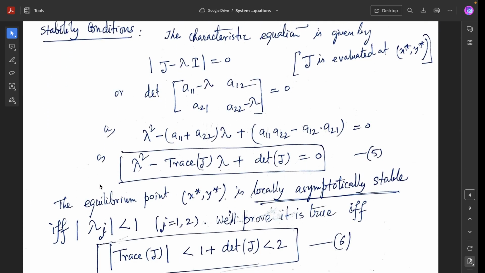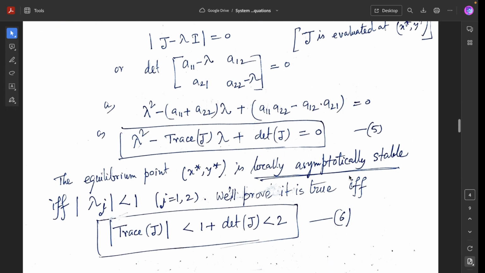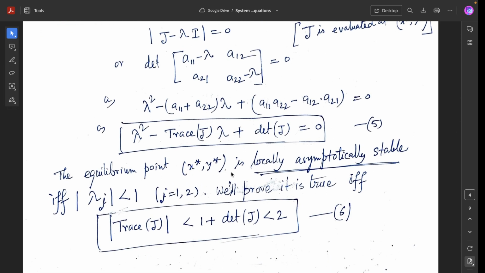So this is the quadratic equation in lambda: lambda squared - trace(J) lambda + determinant(J) = 0. The equilibrium point (x*, y*) is locally asymptotically stable if and only if the modulus of lambda_j is less than 1, where j = 1 and 2. We'll prove that it is true if and only if the modulus of trace J is less than 1 plus determinant of J, less than 2.